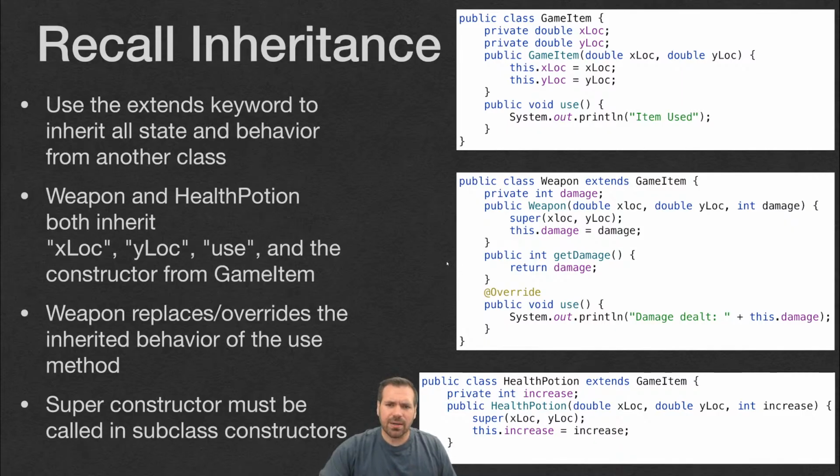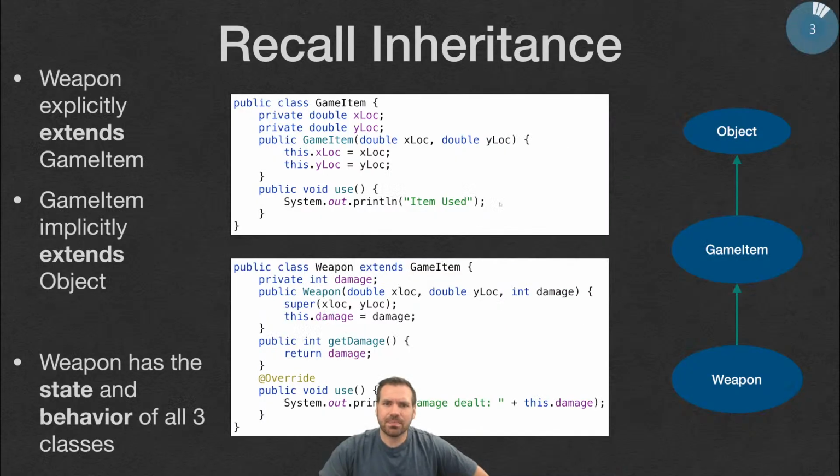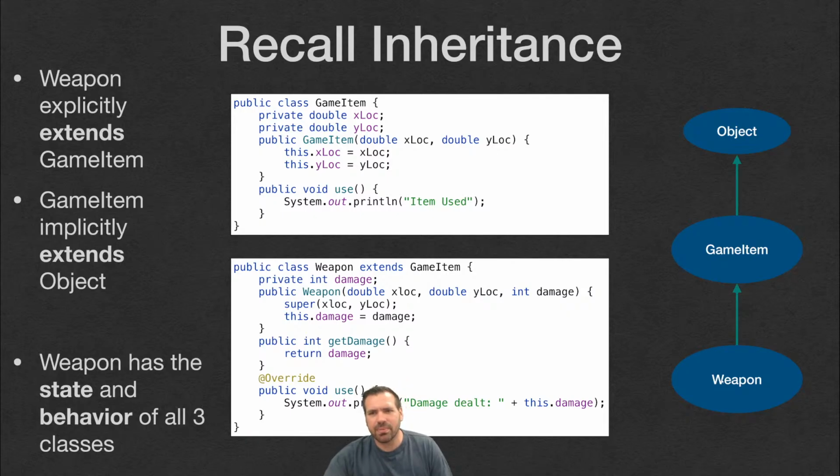So that's all inheritance, and that's what we know of inheritance. And I want to explain what these relationships are, like a new way of describing these relationships with inheritance. So we saw weapon extends game item, that's explicit. Game item doesn't explicitly extend anything, so it implicitly extends the object class.